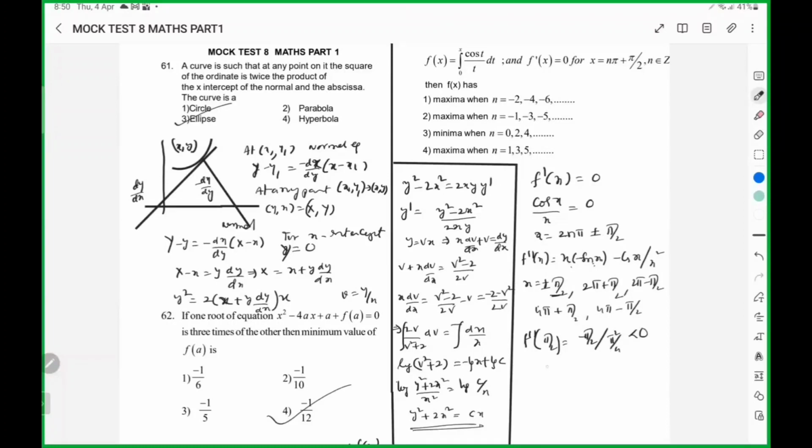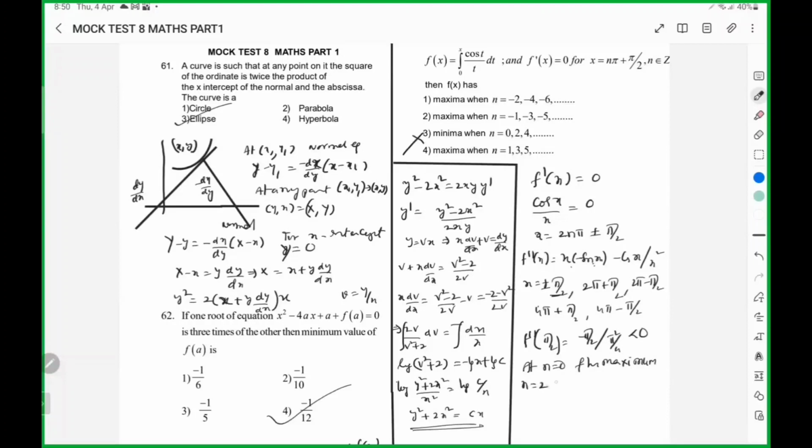So at pi by 2, it has a maximum. That is, for n equal to 0, f has a maximum. That means it is ruled out.